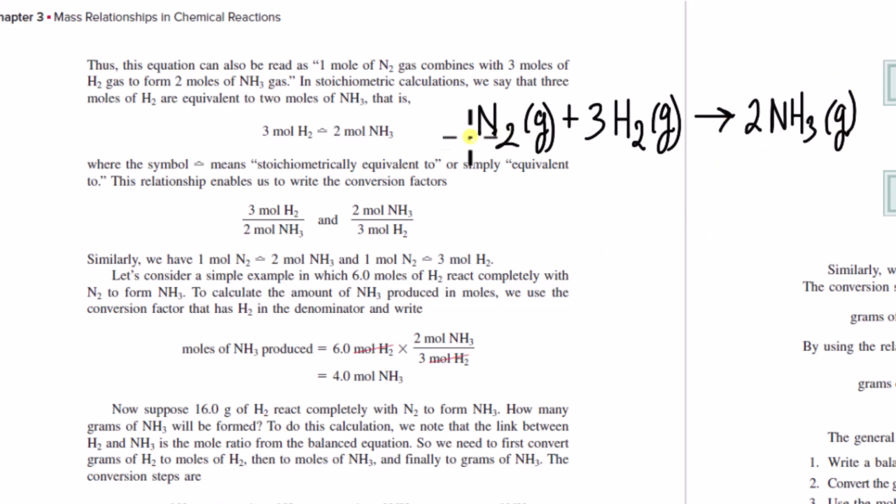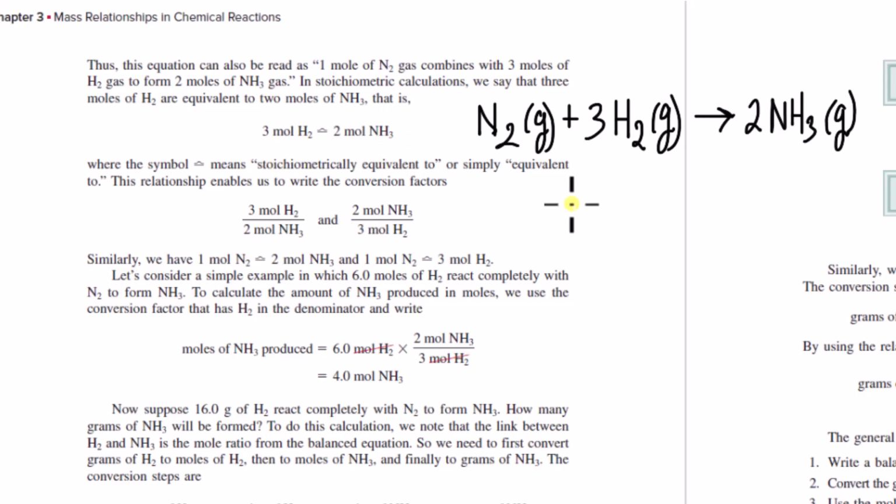And these counts are based on the coefficients. You're going to say 1 mole of N2 molecules, once this is balanced, is stoichiometrically equivalent to 2 moles of NH3 molecules. Or you could say it in reverse if you want to, like the equality goes both ways.